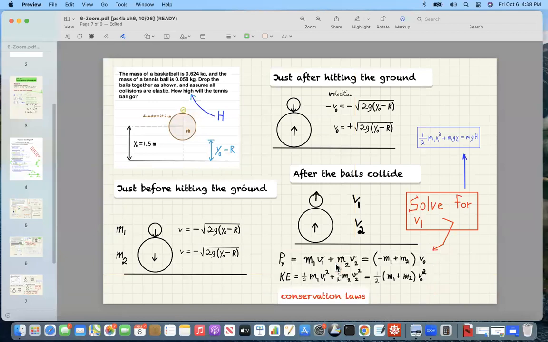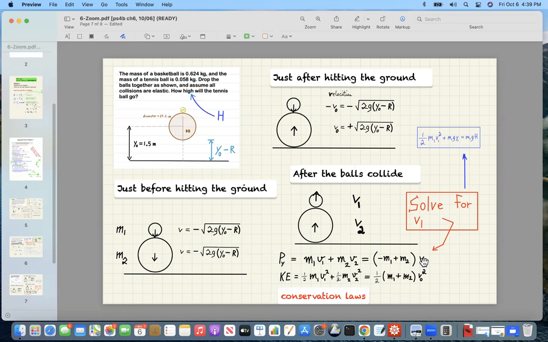Well, again, it's an elastic one-dimensional collision, so the momentum is conserved. m1v1 plus m2v2 is the momentum of this pair. It's the same as the momentum before the collision. So that's minus m1v0 plus m2v0. So this is the total momentum just after the collision and just before the collision.